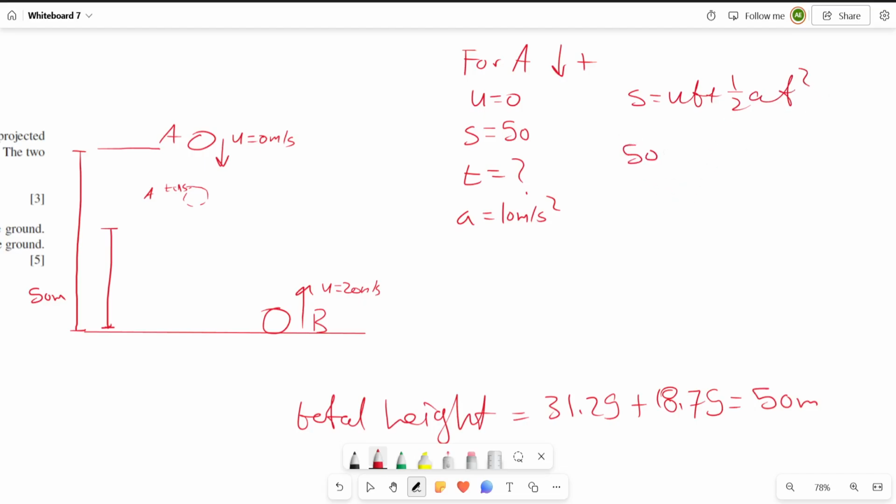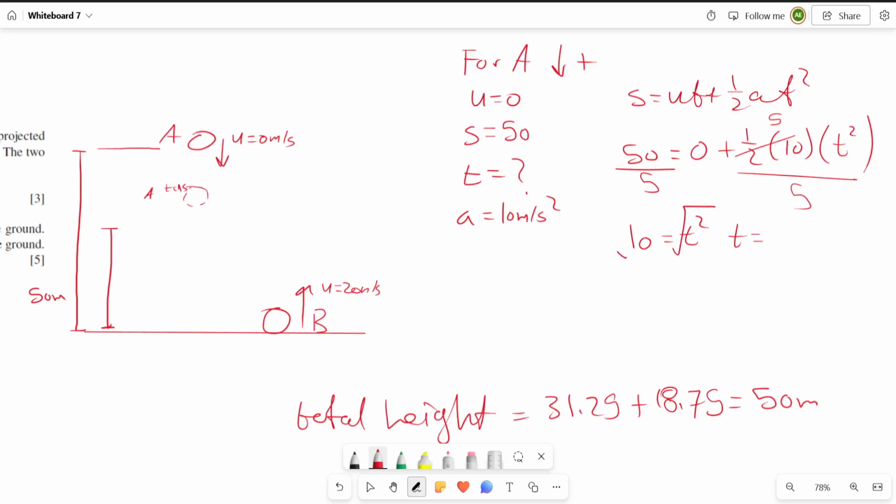So s, which is 50, equals u times t, so 0, plus half times 10 times t squared. Half times 10 is basically 5. Then I'm going to divide by 5 on both sides. So 10 equals t squared. So t equals square root of 10, and this is going to give me a value of 3.162 seconds.